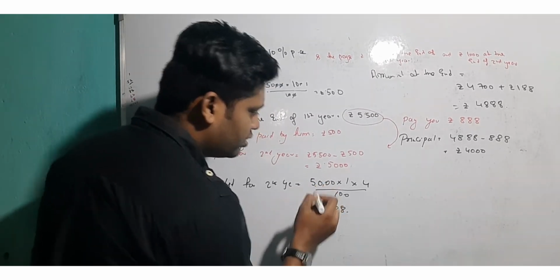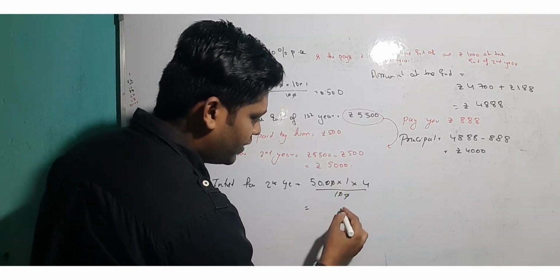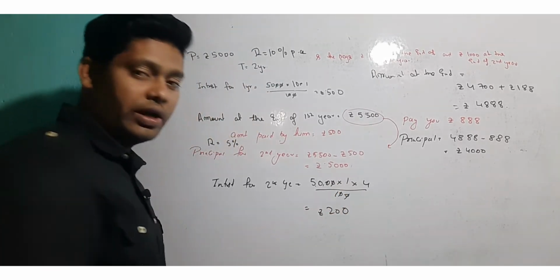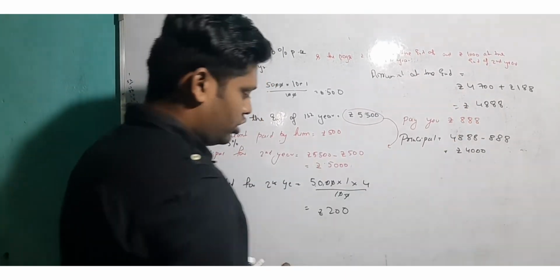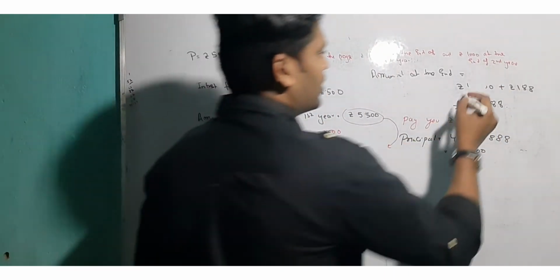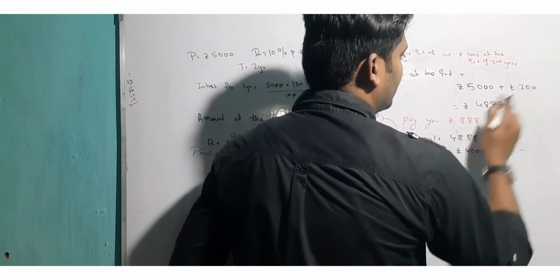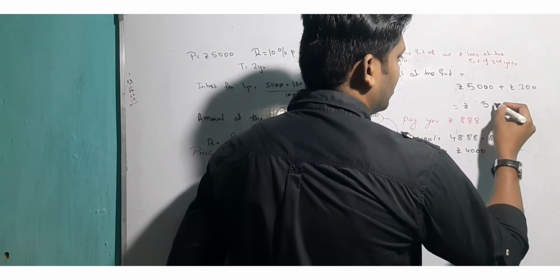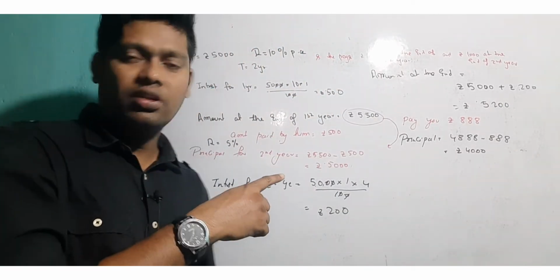So here 5,000 into 4%, how much will you get? Zeros cancel, 5 into 4 is 20, so it will be rupees 200. Clear? Now 5,000 plus 200 will be 5,200. This is the amount at the end of second year.